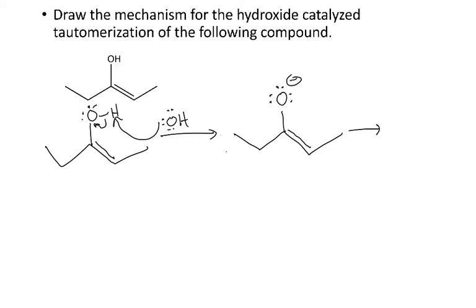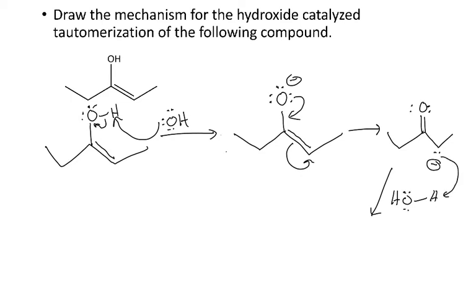So we can bring our lone pairs down. Pi bond becomes a lone pair there. And then if I react that with the water, we'll get another proton transfer step. And that will complete the tautomerization.